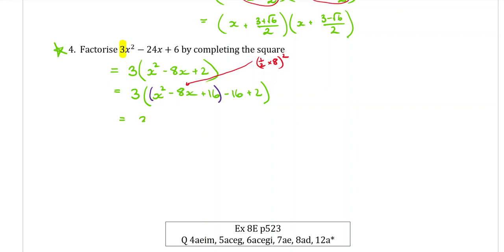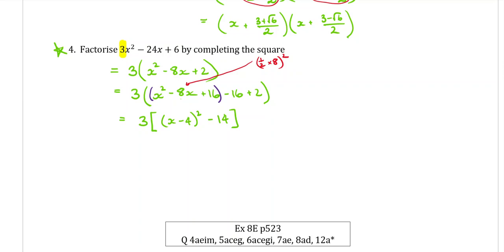So I have 3. I'm going to change my outside brackets to square ones just so they look different. And the perfect square would be x minus 4 in bracket squared. Half of that minus 8 is minus 4, so that's the number that goes in there. Minus 16 plus 2 is negative 14.